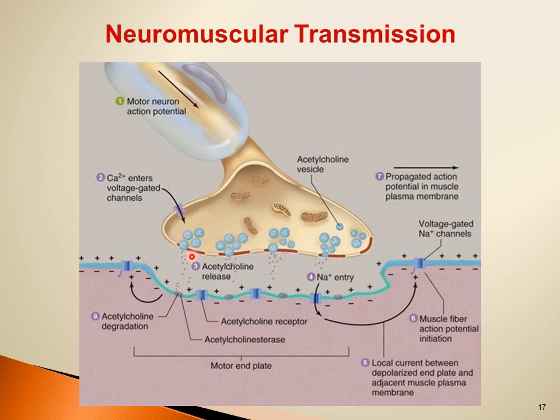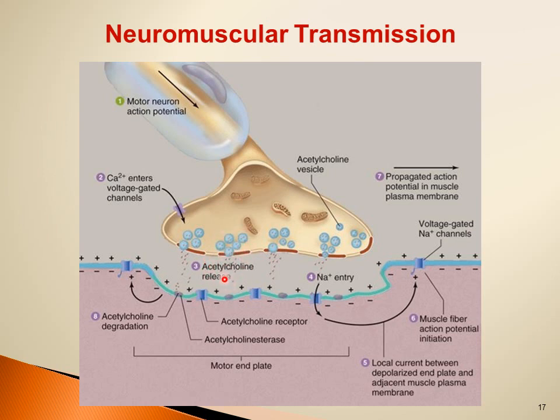So the calcium entry there will increase the calcium concentration in the microdomain just around the active zone. The increased intracellular calcium near the active zone will cause the fusion of the synaptic vesicles and the exocytosis of acetylcholine into the synaptic cleft.